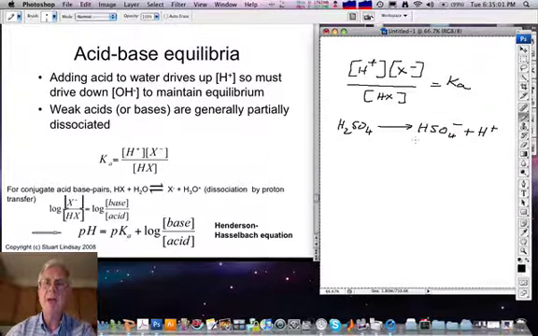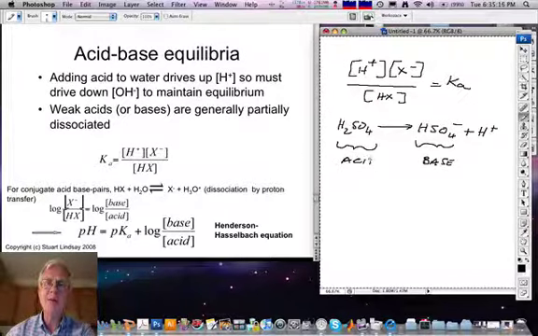In this reaction, HSO4 minus is referred to as the conjugate base of the acid H2SO4.